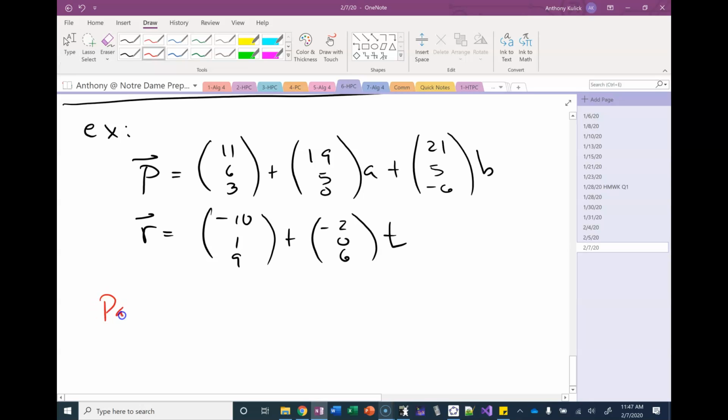That's just the problem. So the first thing I'm going to do is check to see if they're parallel.